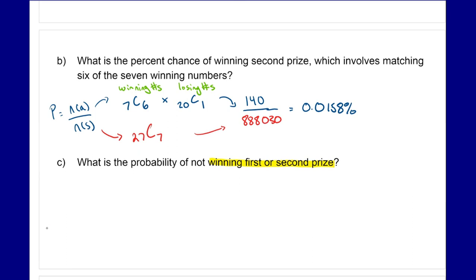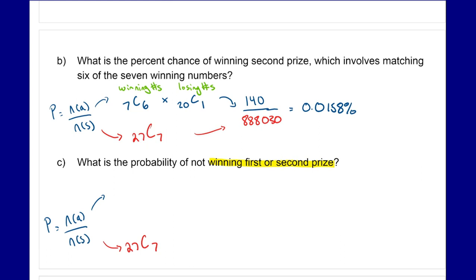Again, two parts. So let's break it down into the two parts: successful outcomes and total number of outcomes. Because we're in the same scenario, the total number of outcomes is the same thing, 27 choose 7.